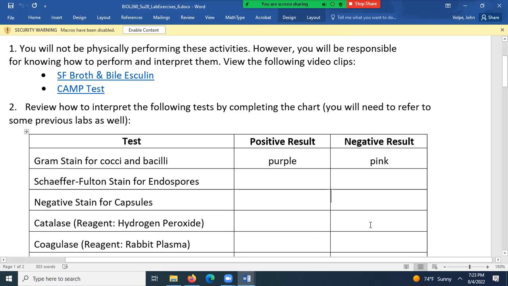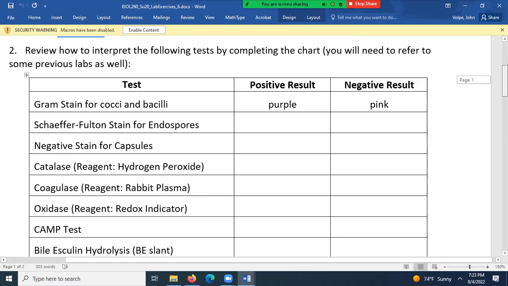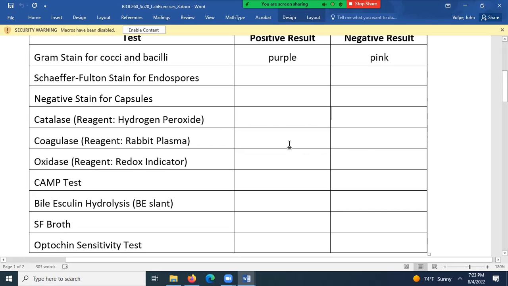And then negative result. And I'll tell you what we have for the negative result is no bubbles. Put in for the coagulase test, the oxidase test, the CAMP test, which is in today's lab. Positive is enhanced hemolytic activity. And then the negative test is no enhancement of hemolysis.